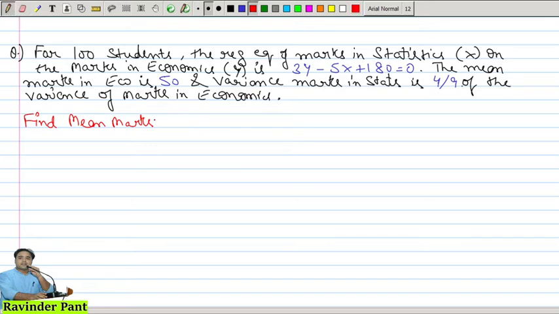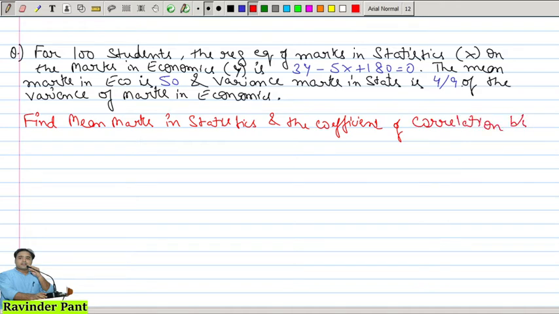Mean marks in statistics and the coefficient of correlation between marks in the two subjects.